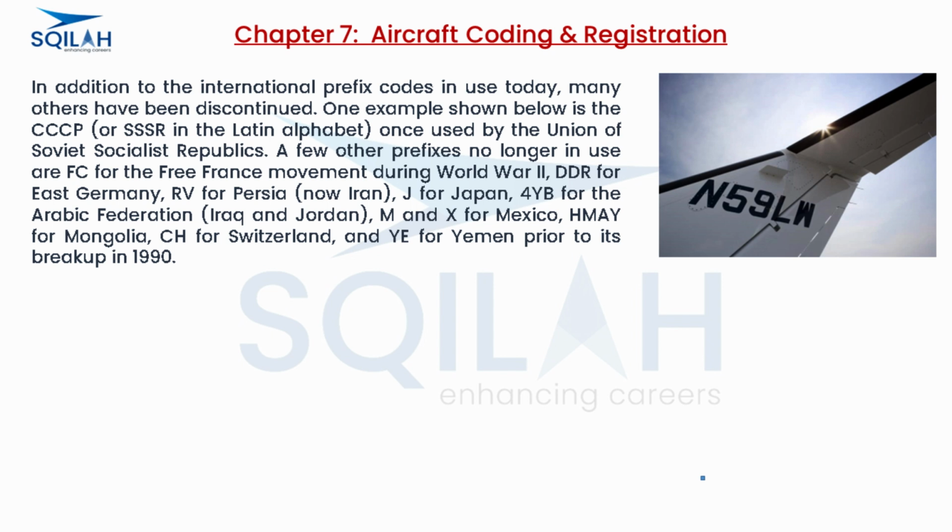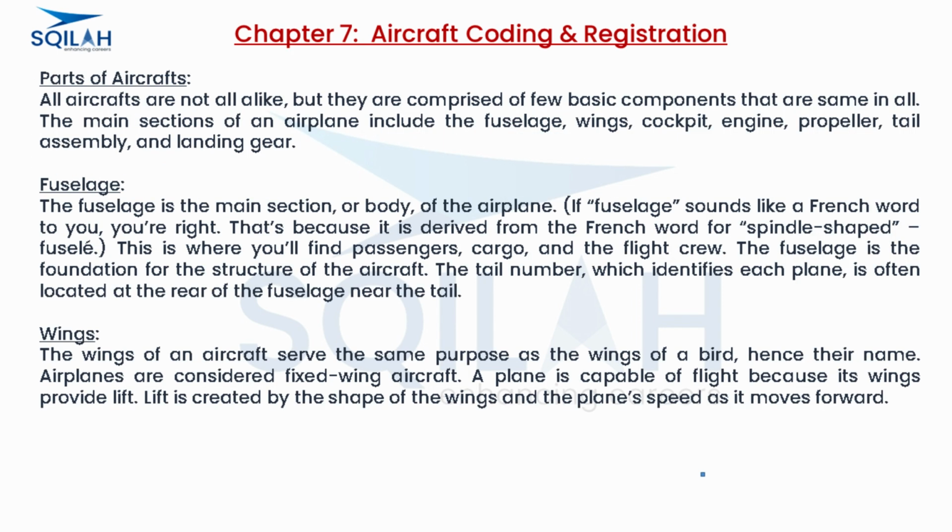A few other prefixes no longer in use are FC for the Free France movement during World War II, DDR for East Germany, RV for Persia, now Iran, J for Japan, YB for the Arabic Federation, Iraq and Jordan, M and X for Mexico, HMAY for Mongolia, CH for Switzerland, and YE for Yemen prior to its breakup in 1990.